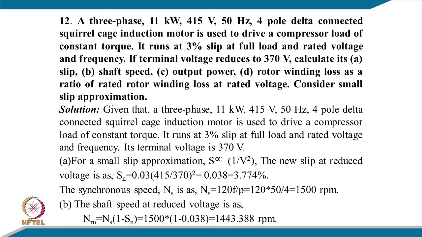It comes to 3.774%, so in place of 3% it increases to 3.774%. Synchronous speed you can calculate as 120 f by the number of poles, that is 1500, and the shaft speed is reduced because of this reduction of the voltage, 1 minus slip s. So, it becomes 1443.388 rpm.